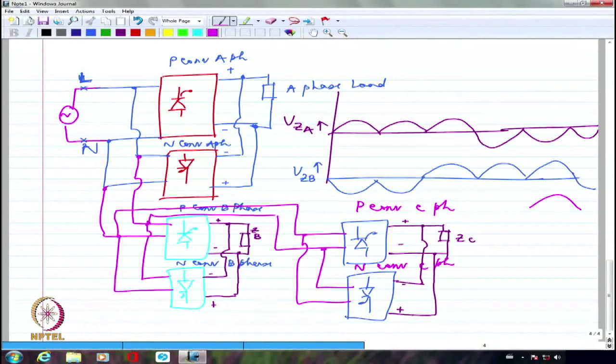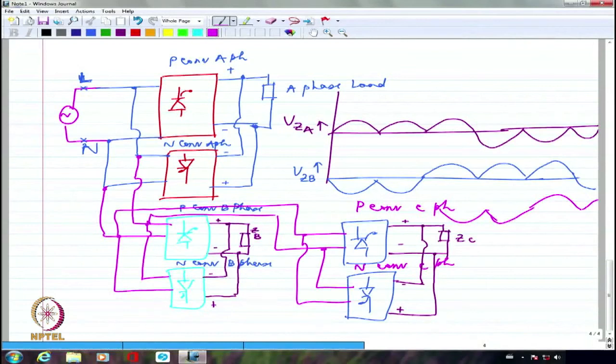So, I am going to have essentially these going as positive half cycle. So, I will have essentially a negative half cycle coming up like this here. 3 half cycles like that. Right? So, this will ensure that I get exactly a 120 degree phase shift between A phase, B phase and C phase respectively.